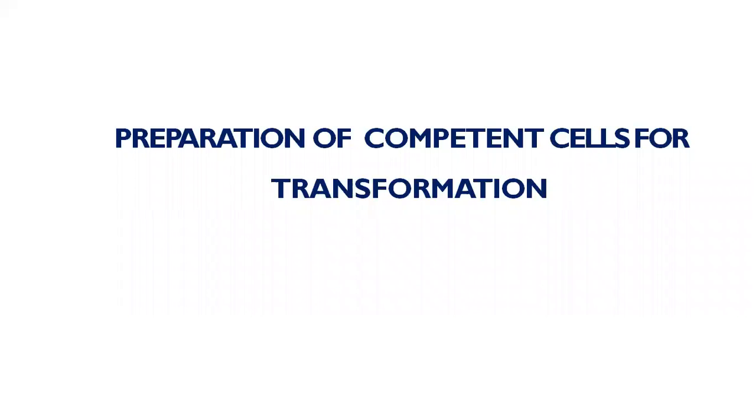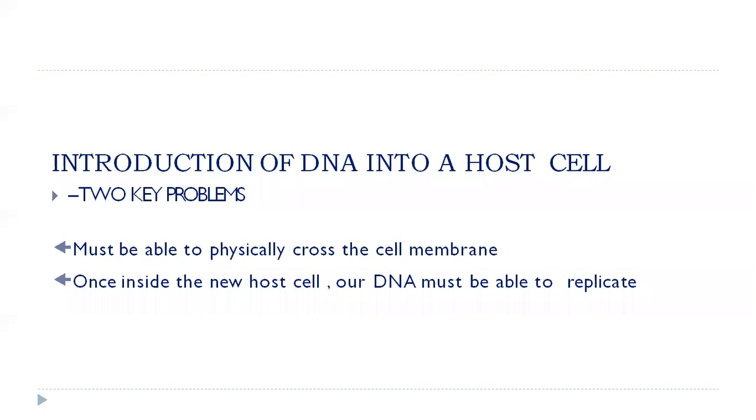Competent cell means whether the cells are able to take up the foreign DNA material or not. You have to decide how competent the cells are, meaning you have to prepare them. Once the cells are competent, we can insert foreign DNA material. That's why competent cells are very important for transformation.